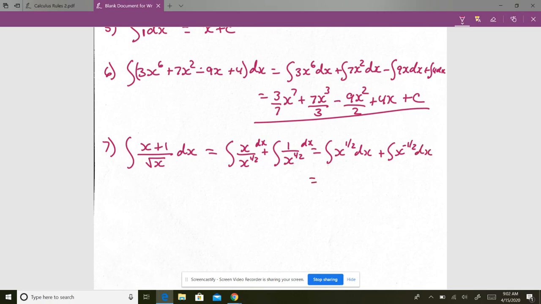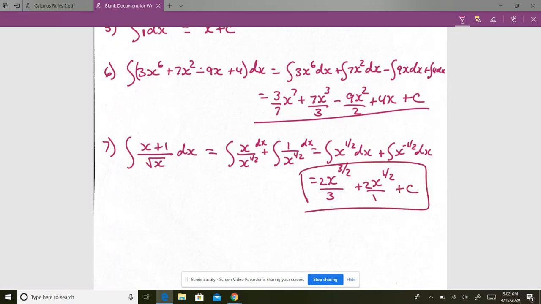And then I can integrate them, or find the antiderivative. So add 1 to a half, I get 3 halves, divide by 3 halves, and I get 2 over 3. Add 1 to negative a half, and then you get 1/2. Divide by a half is the same as flipping it. Tack on the plus c, and you're good to go.